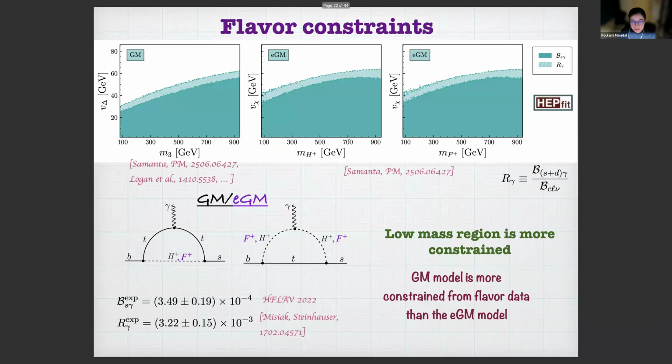There was a result for the Georgi-Machacek model that Logan and her collaborators did, and we imposed the latest constraints, and we see a little enhancement in terms of the v delta allowed region. For the extended Georgi-Machacek model, this is the result. And also interestingly, we see that the low mass region is much more constrained from the flavor data.